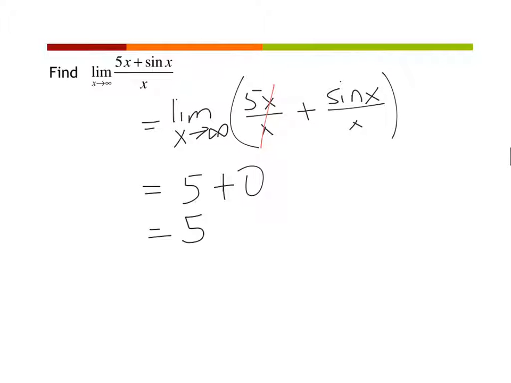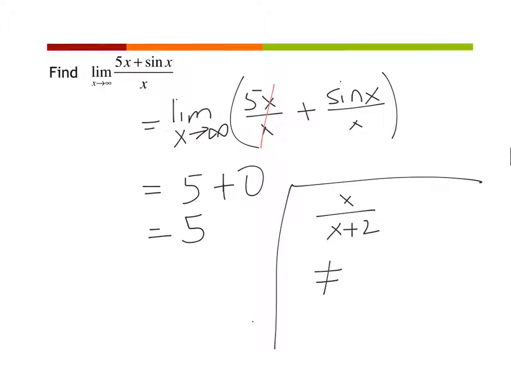But if you didn't split up the fraction, if you left it as a whole thing, it would be hard. So you need to know that you split those. Here's an anti-example, what not to do. Don't do this. It's not allowed. If you have something like x over x plus 2, I can't stress this enough, it is not equal to x over x plus x over 2.